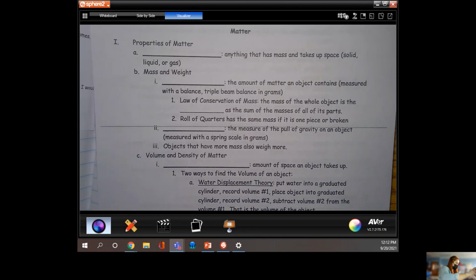Oh, wait, I found it. I got it back. I mean my old one, my one from the last unit.